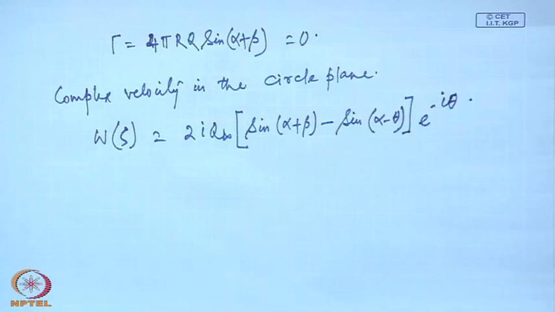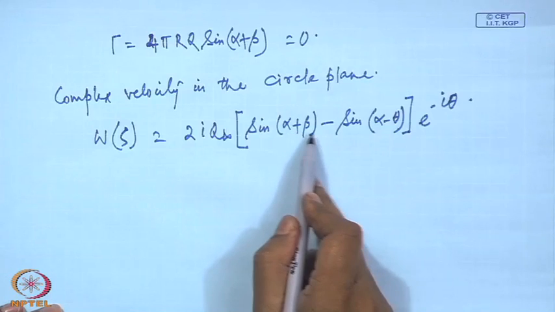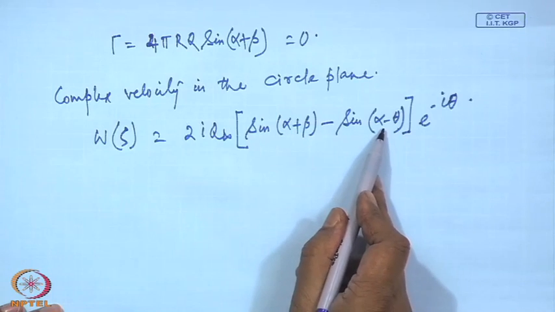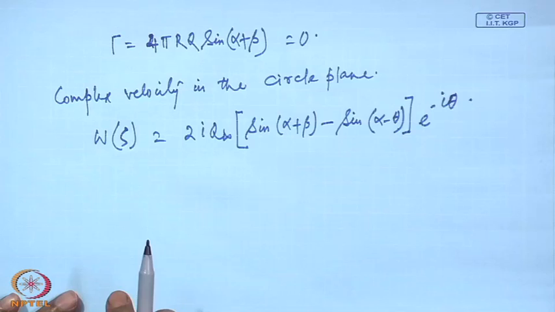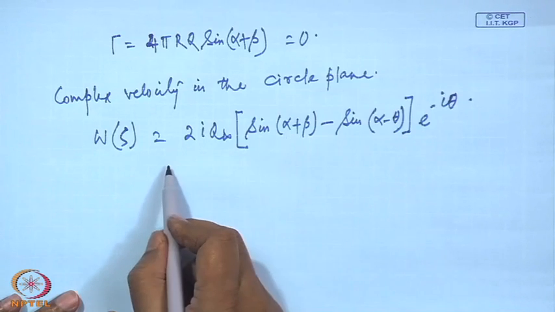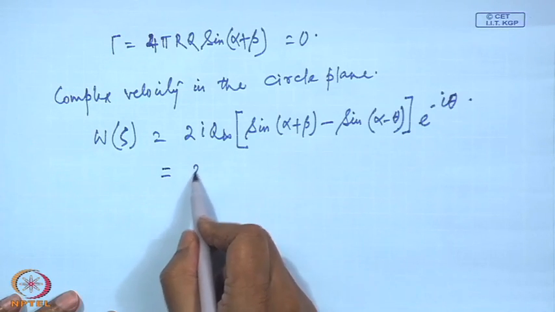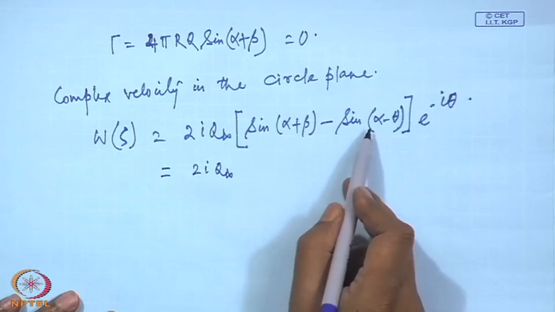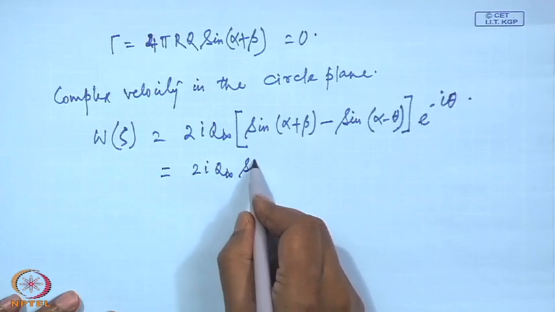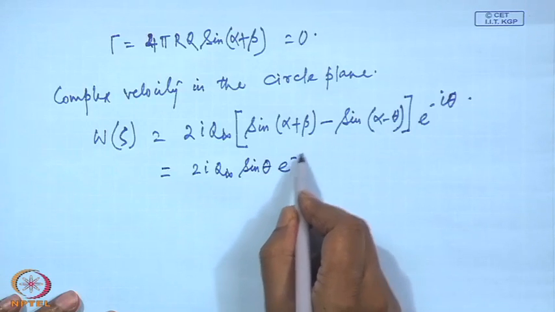Okay. Now, in this case we have all the values. We are interested at theta equal to pi by 3, and for this particular case alpha is 0, beta is 0. So, the first term is 0, and here it becomes plus sin theta only. Okay. This gives 2 I q infinity sin theta e to the power minus I theta.